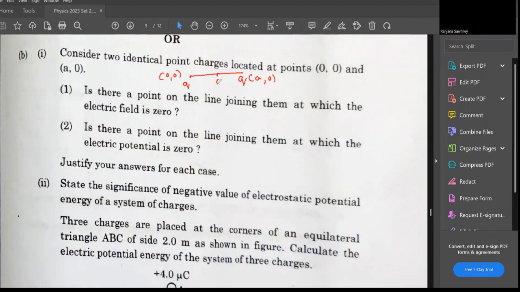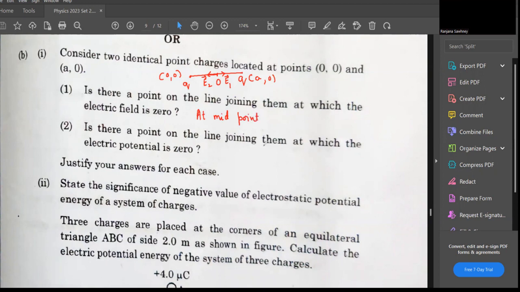If we find the electric field at the midpoint, the electric field due to this Q charge will be E1, pointing along this direction, whereas due to the other Q charge, the electric field at the midpoint will be E2, pointing in the opposite direction. The magnitude of E1 and E2 is the same and the direction is opposite. So at the midpoint, the net electric field will be 0.